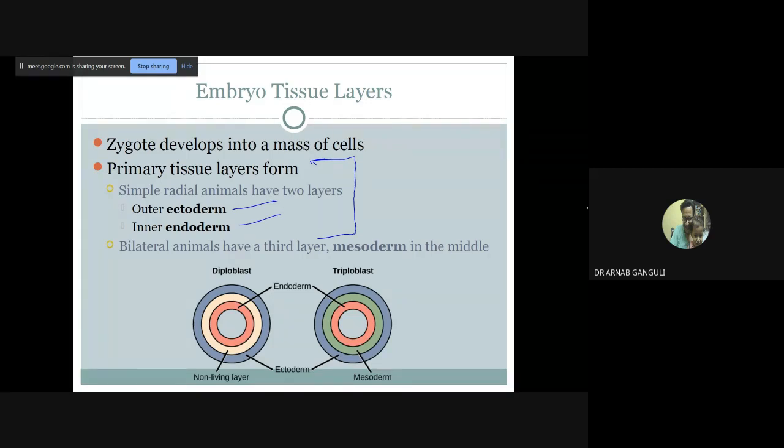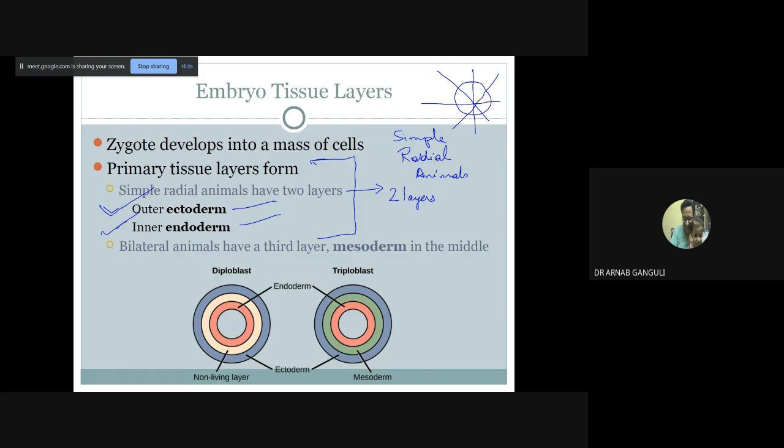So simple radial animals, that is, animals that have radial symmetry, most of them have two layers: the outer ectoderm and the inner endoderm.